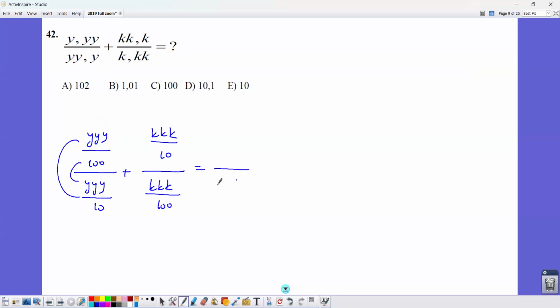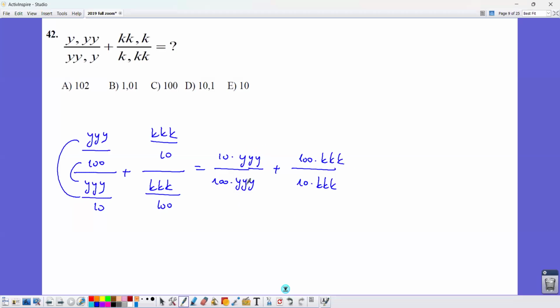Inners in the denominator, 100 times y and 10 times y, plus again inners in the denominator, 10 times k and 100 times k.